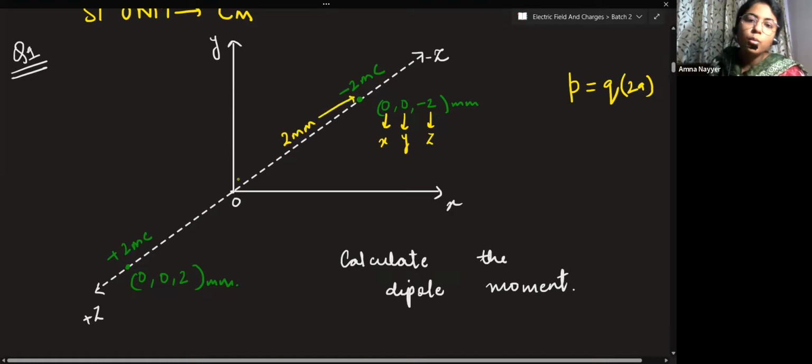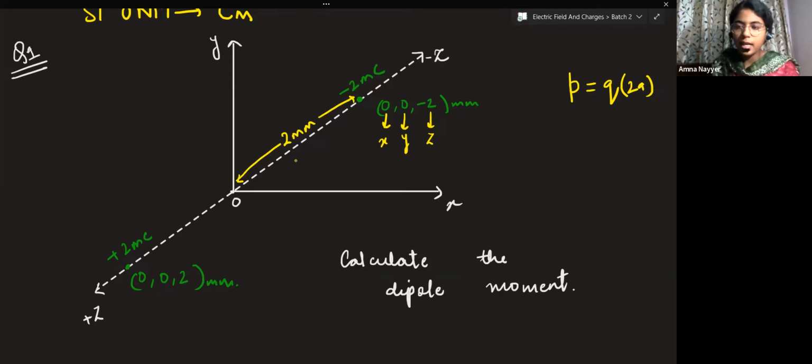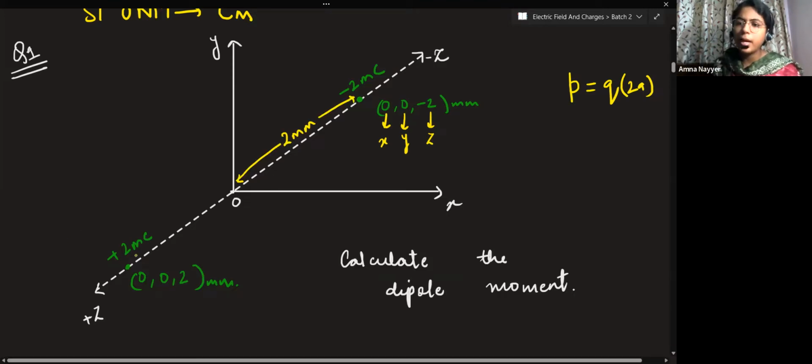All right, this is how we use the coordinate system. This 0, 0, minus 2 means all the units present on the negative z-axis will be minus. So it will have 0 at the origin, minus 1 millimeter at some distance, then minus 2 millimeters. This charge is kept at 2 millimeters from the origin.